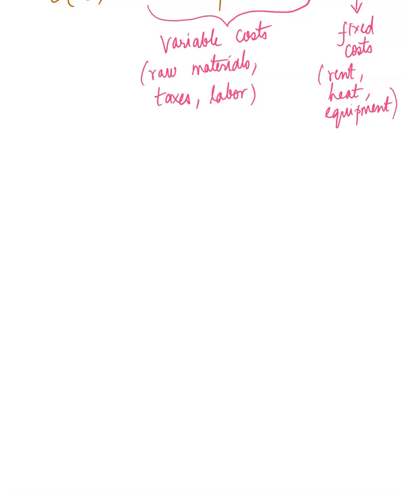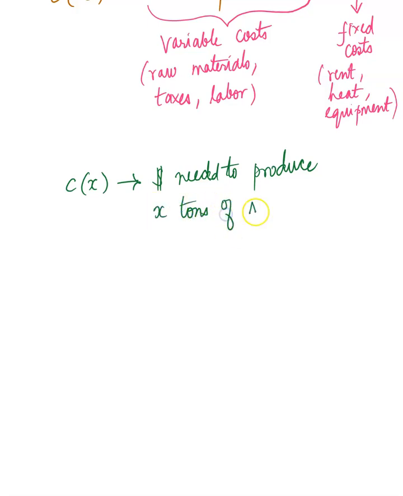Just before I proceed to the next problem, I just wanted to explain a little more on the marginal cost so that it will help you with the interpretation. Okay. Now we said C of X represents the dollars, right? The cost needed to produce X, let's say X tons of steel in 1 week.